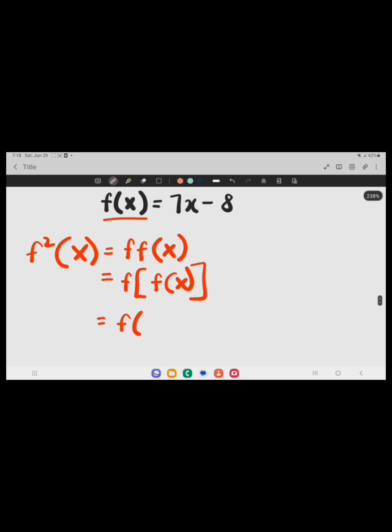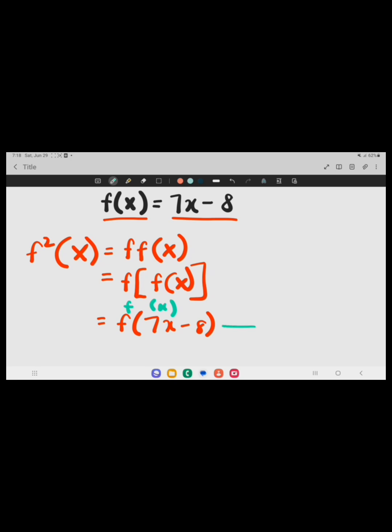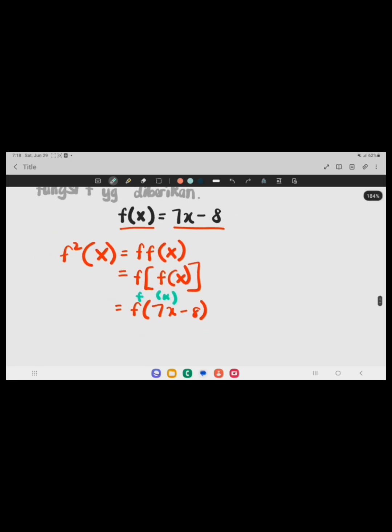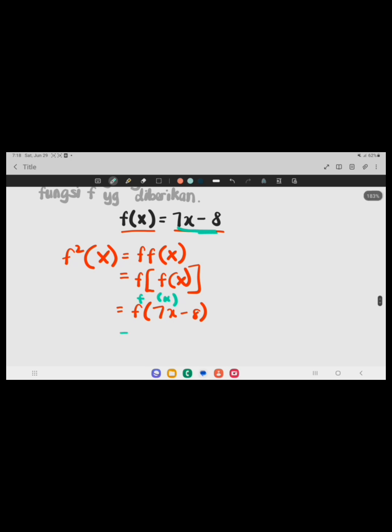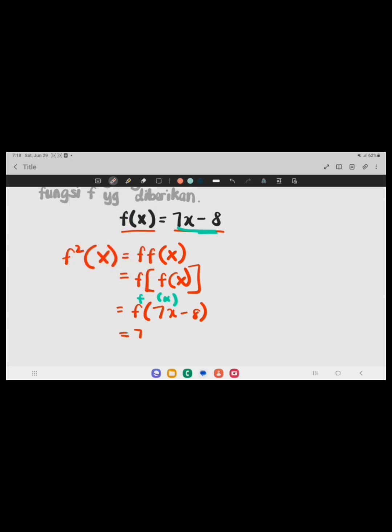So this is the equation of f(x), which is 7x minus 8. And again, the same concept, which means anything inside the bracket is actually representing your x. So this thing originally comes from f(x), so the f(x) is 7x minus 8.